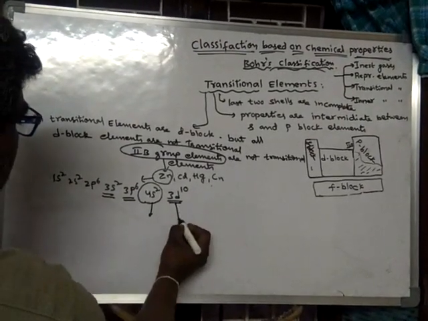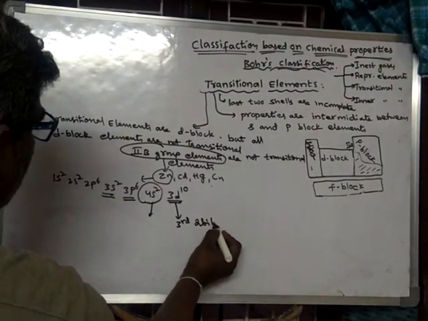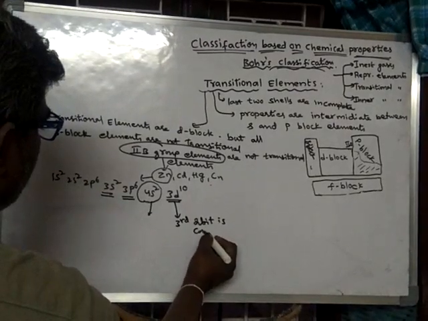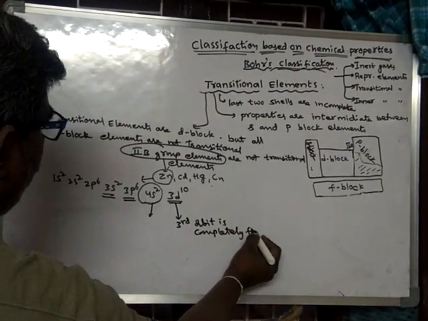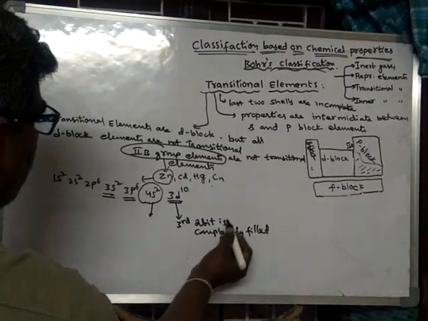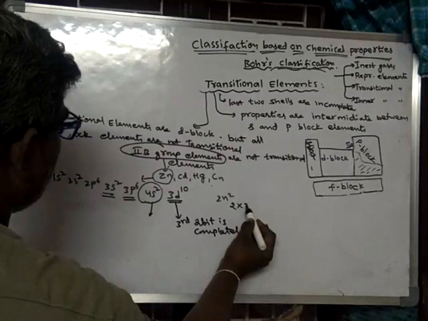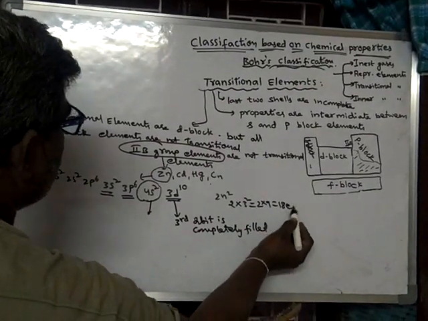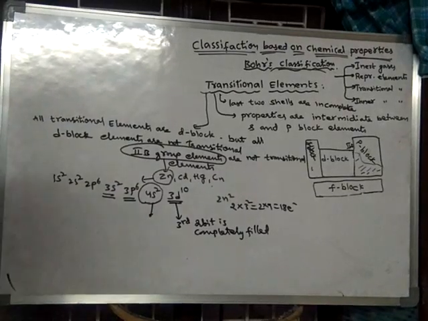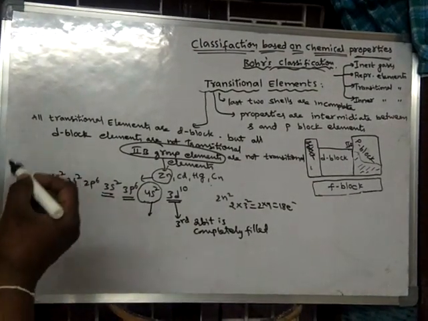So the third orbit is completely filled, because by following 2n square, 2 into 3 square, that is 2 into 9, is equal to 18 electrons. Actually, the third orbit's maximum capacity is 18 electrons.